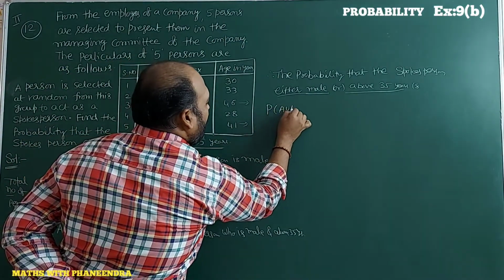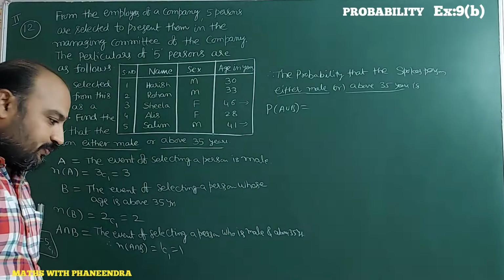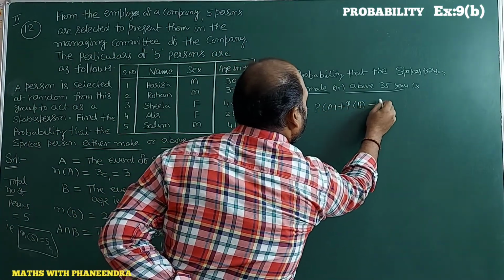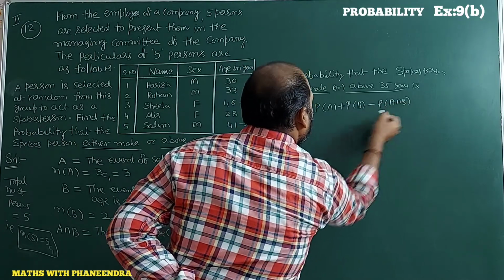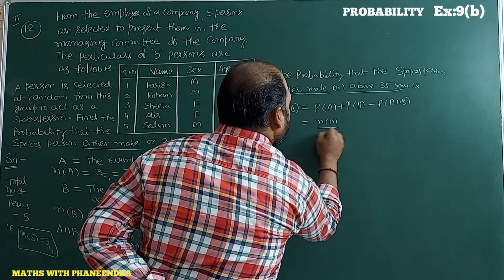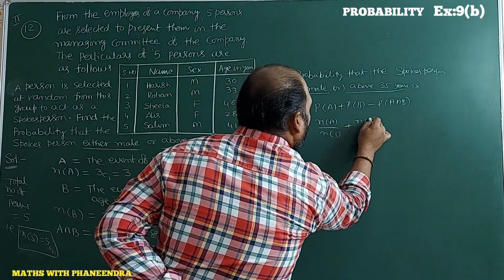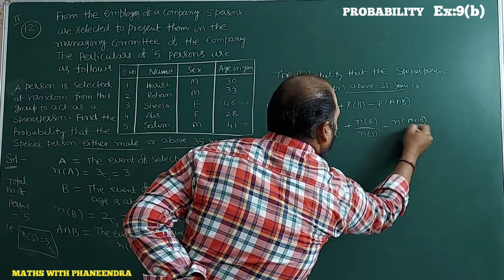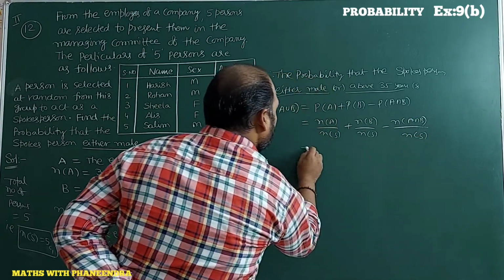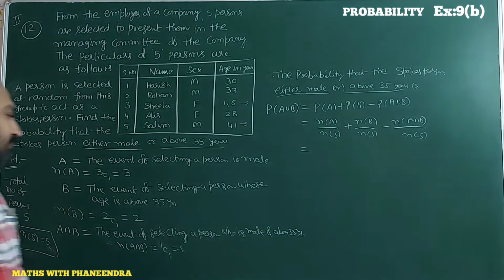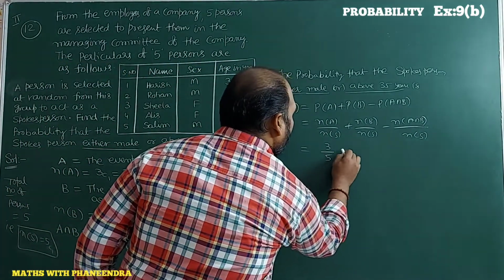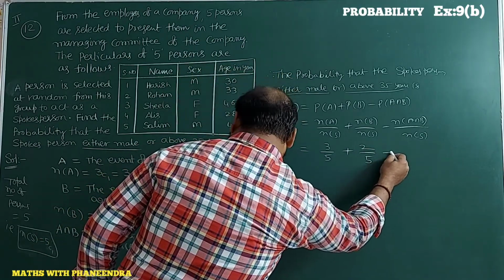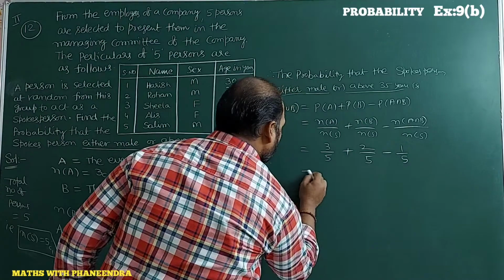P of A union B is equal to P of A plus P of B minus P of A intersection B. So P of A means N of A by N of S, plus N of B by N of S, minus N of A intersection B by N of S. So which is equal to N of A 3 by N of S 5, N of B 2 by 5, minus 1 by 5.